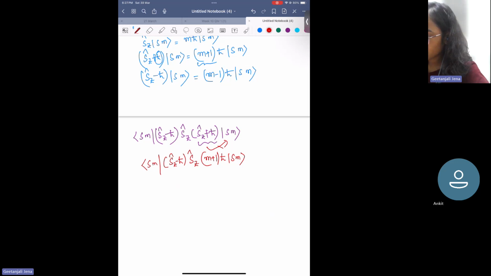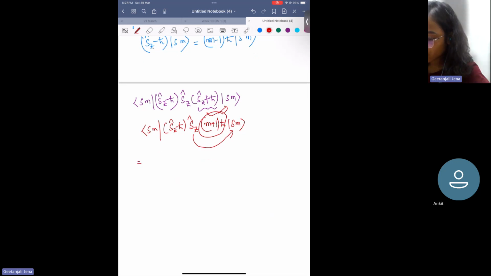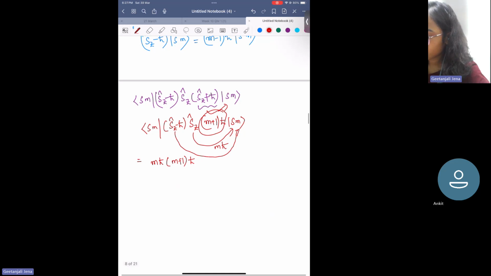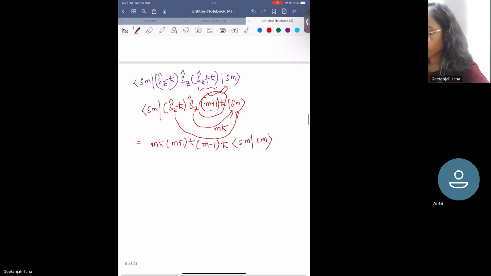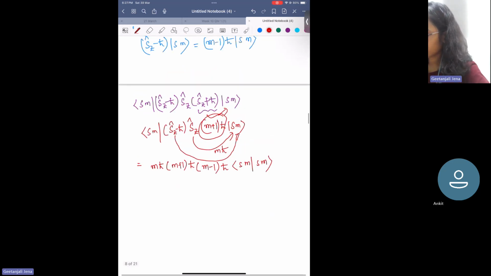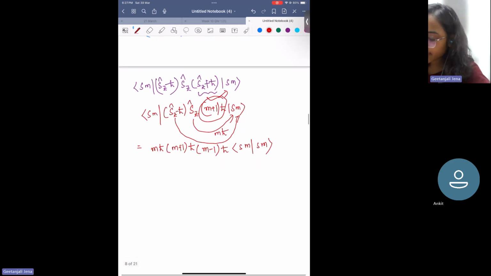So you will get (m plus 1), and now Sz will act on |s,m>, so you will get mħ. So there are two constants now. Now in the final step, this last operator will act on |s,m>. Then you get (m minus 1)ħ|s,m>. Right? Now it is given the particle is a spin 1 particle.